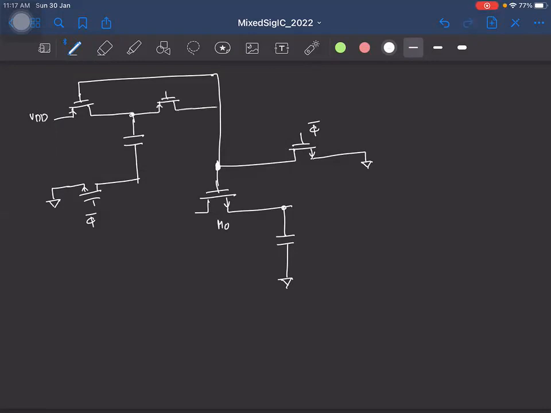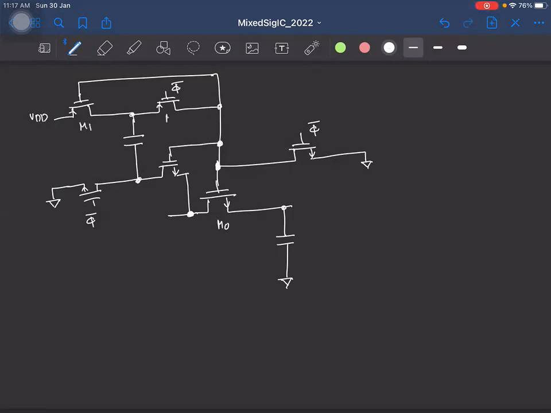And we have the other switch here, clocked by phi bar. And we have one more switch here, which is an NMOS switch, whose gate voltage is also shared with the gate of the main transistor M0.